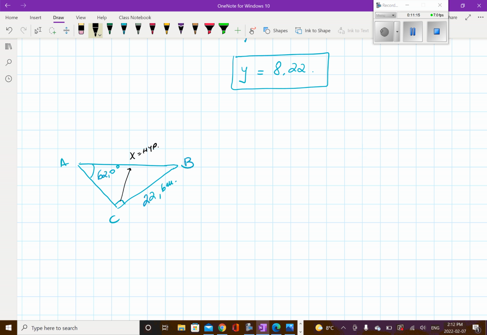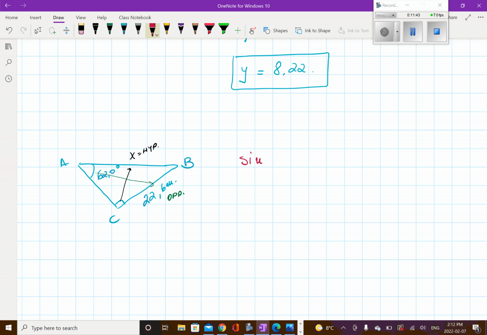And then based on what we said, this 22.6, since it is opposite of the 62 given angle, is the opposite side. And again, we will ask, what is that trig ratio, sine, cosine, or tangent, SOH CAH TOA, that relates the given opposite with the hypotenuse that we will find, and it is sine.